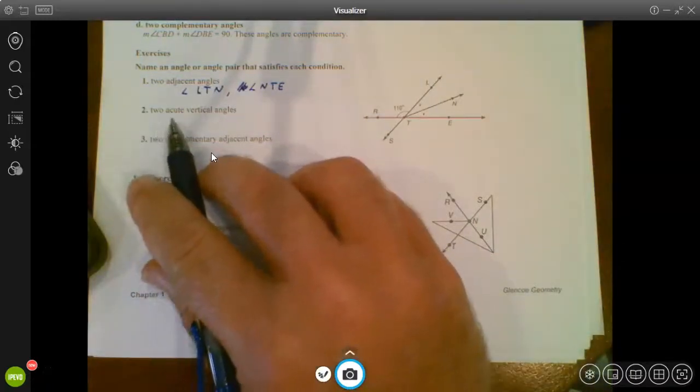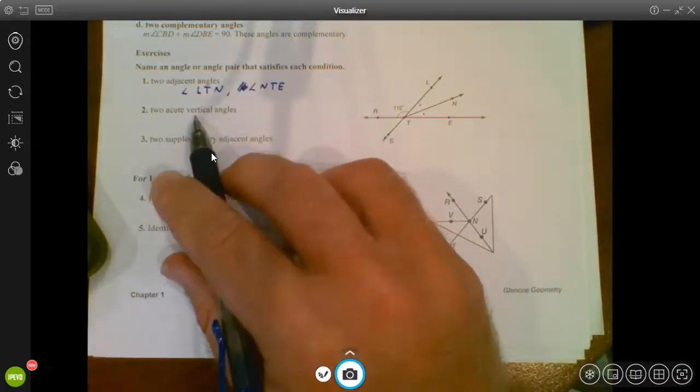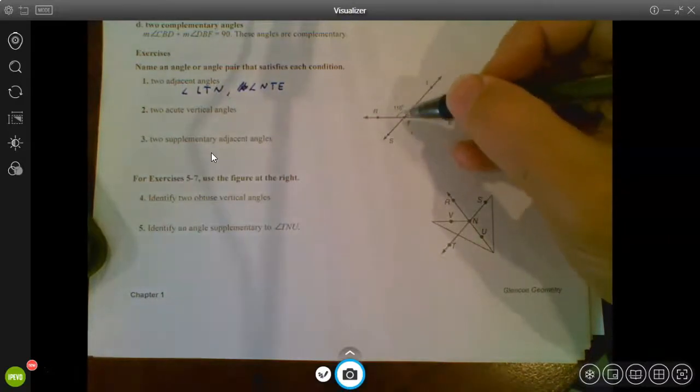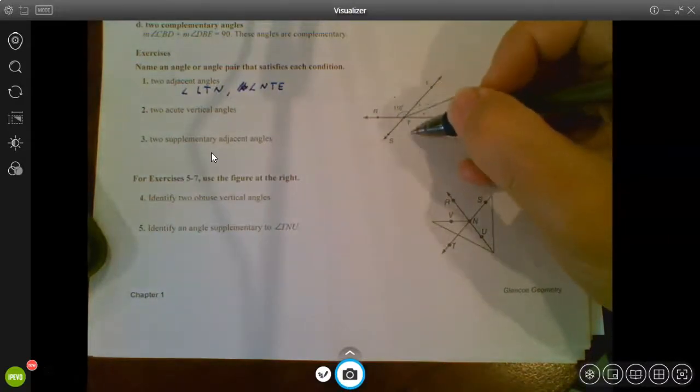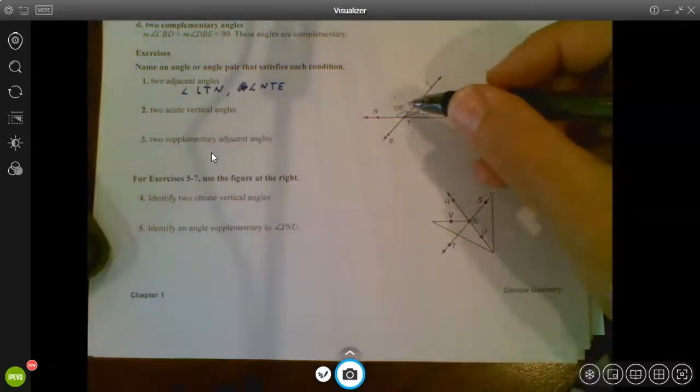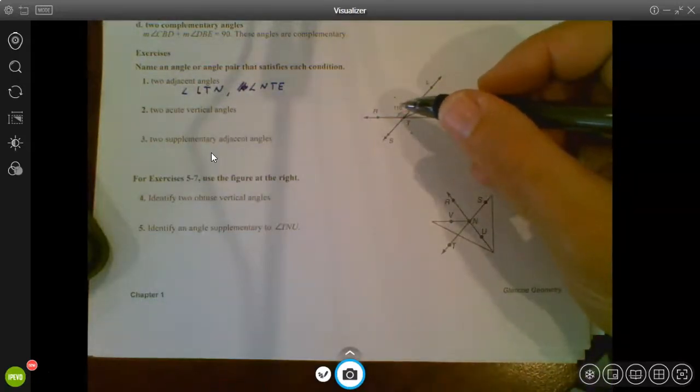Two acute vertical angles. We're putting two ideas together on this one. Vertical angles, like we talked about up above, are any two angles that are across from each other and are equal to each other. If you looked at these, they would act as vertical angles, so that would work. However, are these acute vertical angles? Well, if they measure 110 degrees, that's not less than 90, so they are not acute.